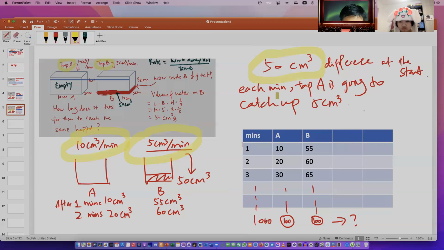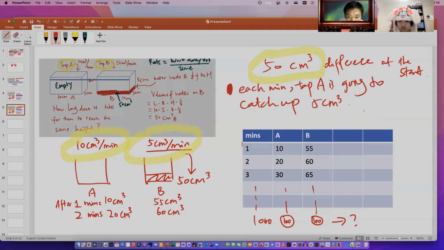Continue first. If I have a 50 cm cube difference for tab A to catch up, each minute tab A is going to catch up 5 cm cube. So easy, no? I make use of this idea here.